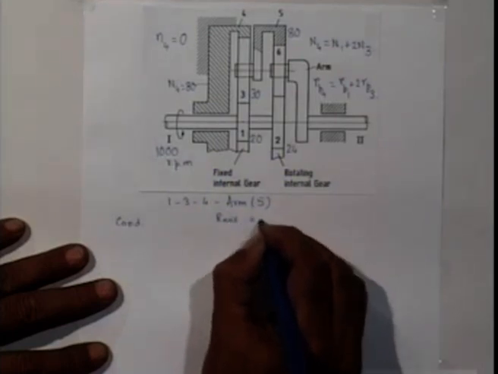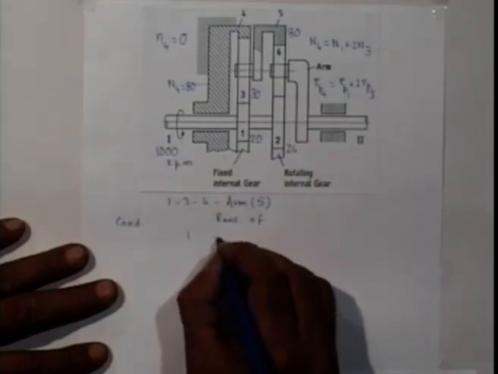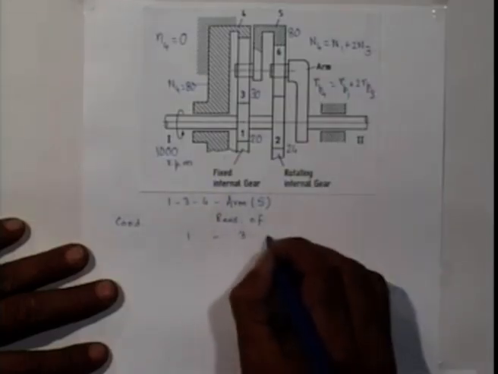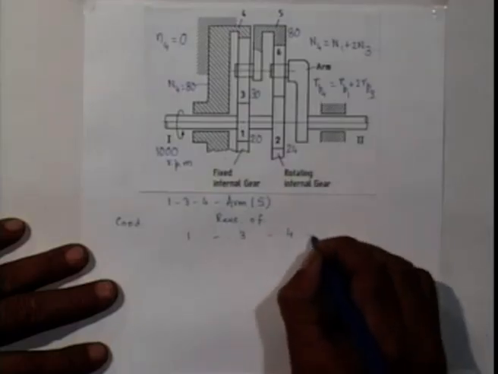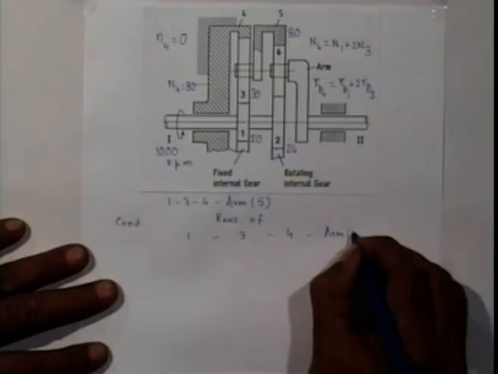revolutions of gear number 1, 3, 4 and the arm, which is nothing but gear 5.